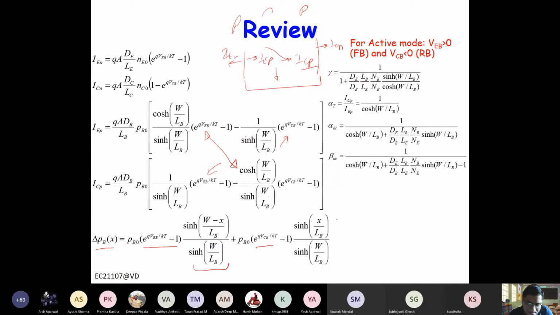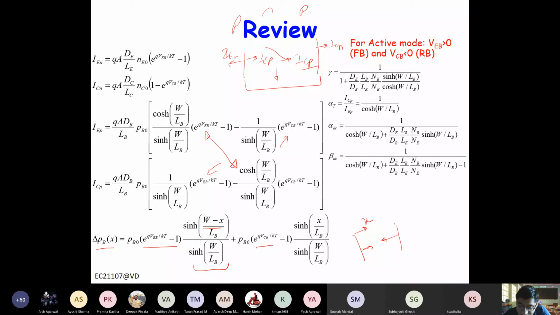Now, if you compare this expression also, they are actually very similar because for VCB, this is x, measured from the base emitter junction. So if we have defined x like this, the argument for this sinh is W minus x.